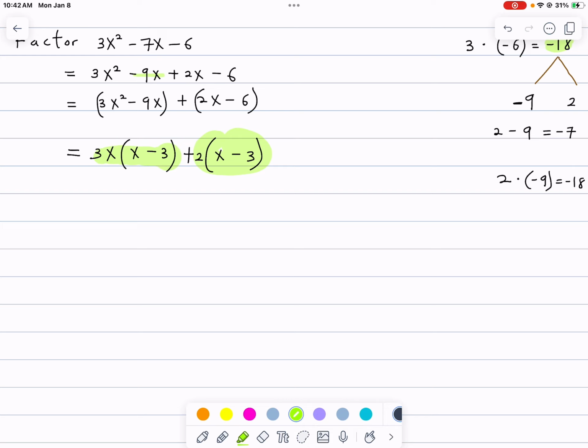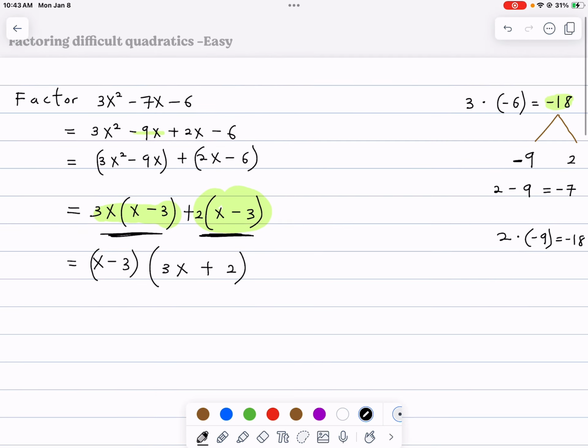X minus 3 is common, so I can pull out an x minus 3. Then I will be left with what? In the first term, I'll be left with 3x. And in the second term, I'll be left with 2. And that's the factoring of that expression.